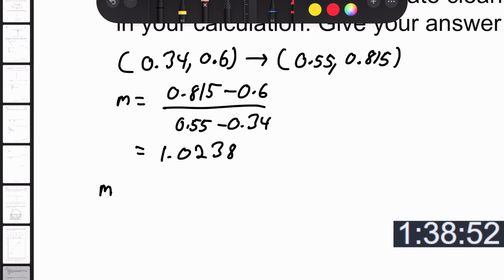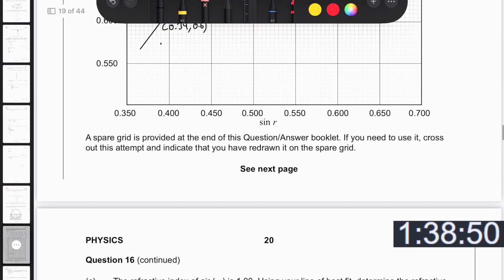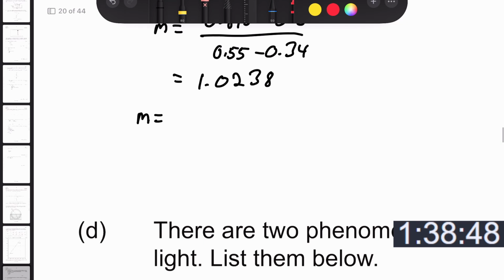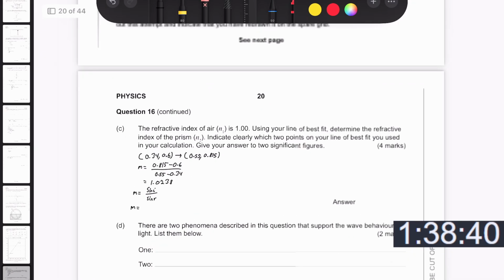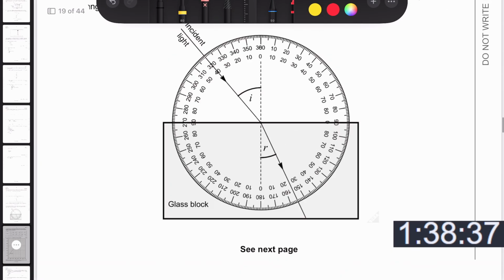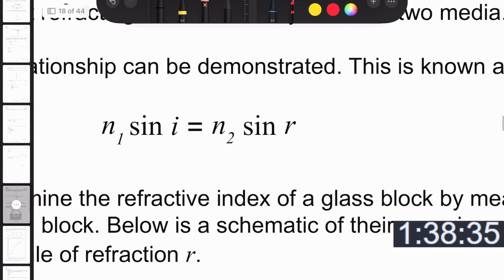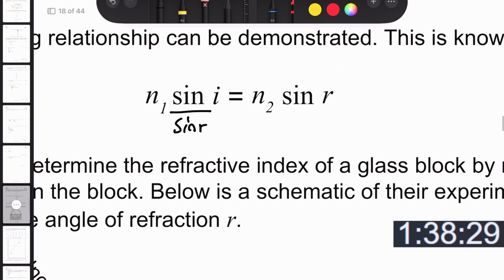And since M is equal to sine of I over sine R, if I divide sine of I by sine R, then this is n2 over n1.